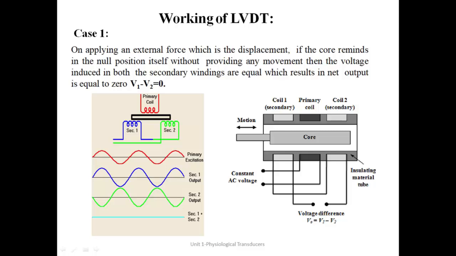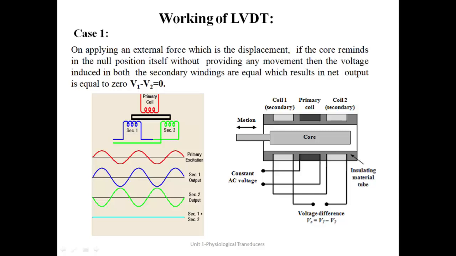If there was some external force but the displacement did not take place, the core did not move and is exactly in the center, so the voltages induced in secondary winding 1 and secondary winding 2 are equal in magnitude but opposite in polarity.